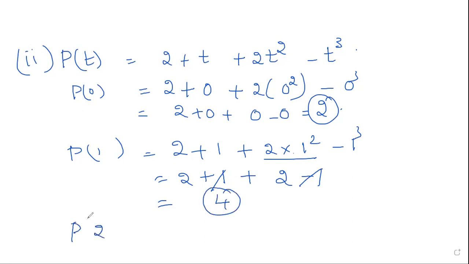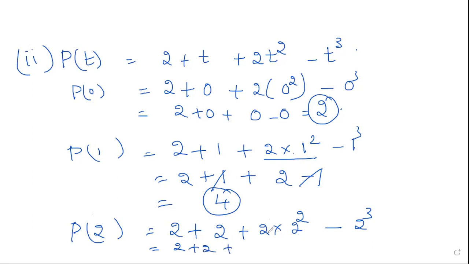Next, third one, P of 2. So 2 plus 2 plus 2 into t square. Write 2 square in place of t square, minus t cube, that is 2 cube. That is equal to 2 plus 2 plus 2 into 2 square, that is 4, right?